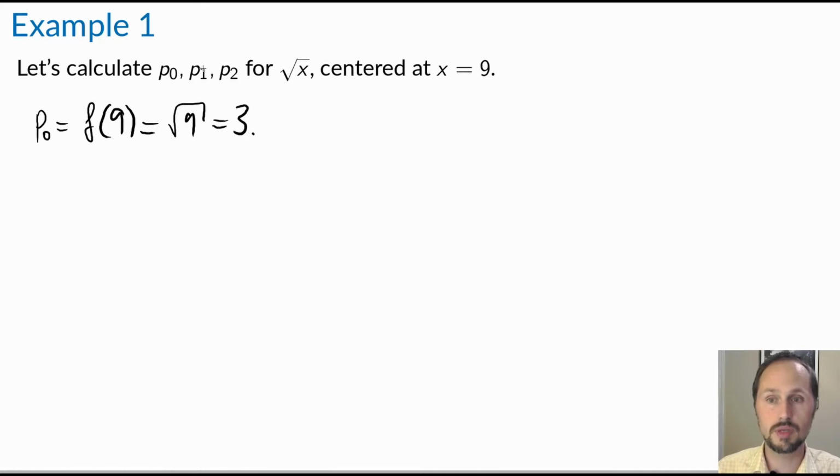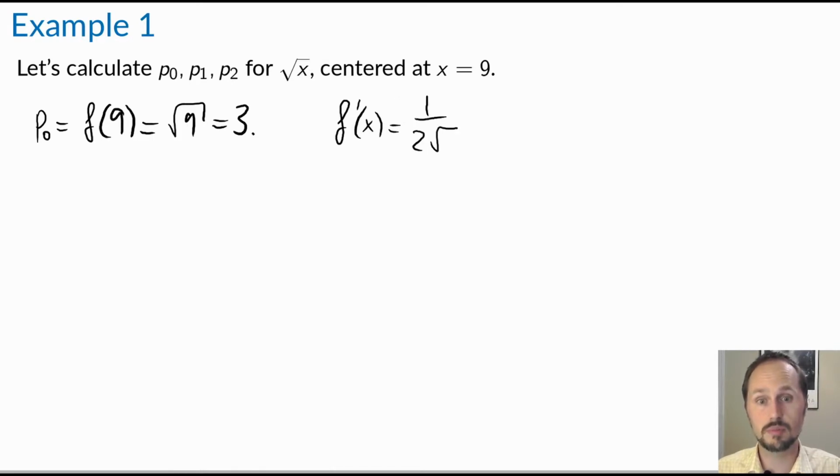Okay, so for P1 we need to calculate not just root 9, but we need to calculate the derivative. So let's calculate that. If f of x is root x, f prime of x is 1 over 2 times the square root of x. So f prime of 9 is going to be 1 over 2 times the square root of 9.